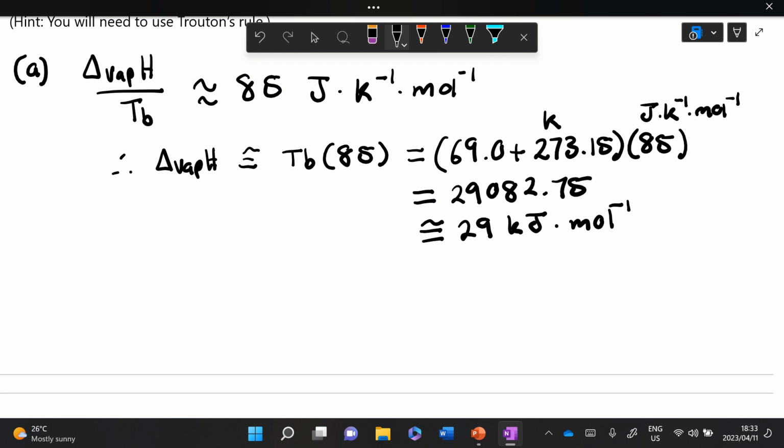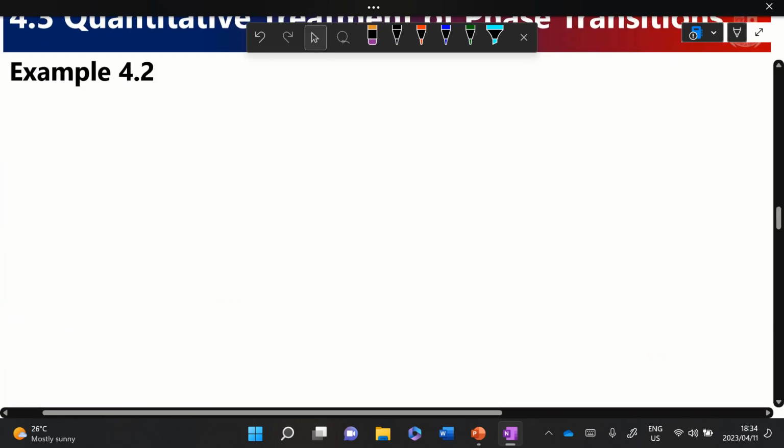And why only 29? Because 85 has two significant figures. So that gives us the enthalpy of vaporization. All right. So anyway, we're going to use this calculated value a bit later in the B section. So let's move on to that.